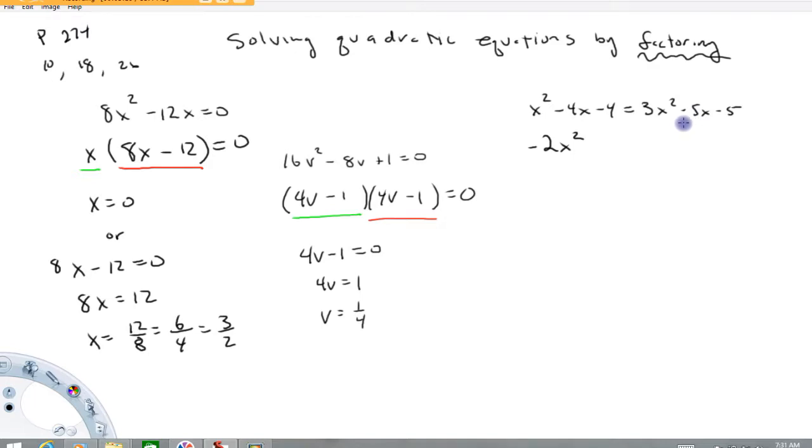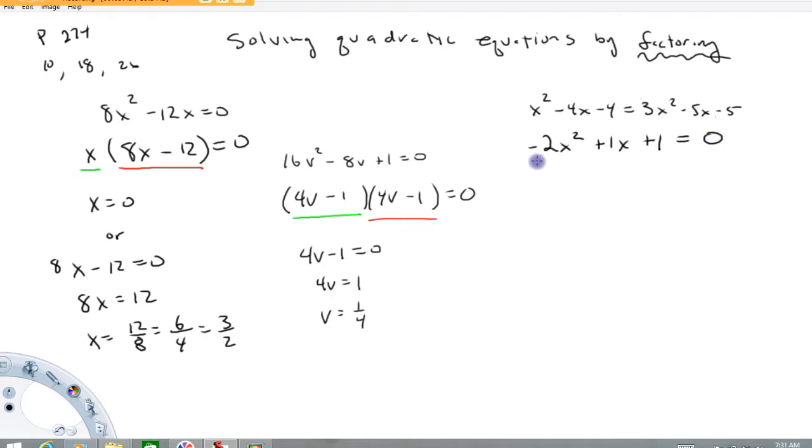So I'd be adding 5x. If we take negative 4x and we add 5x, we have plus 1x. To move this over to the left-hand side, we would do that by adding 5 to both sides. So if I take negative 4 and I add 5, I now have plus 1 equals 0. There's my new line.